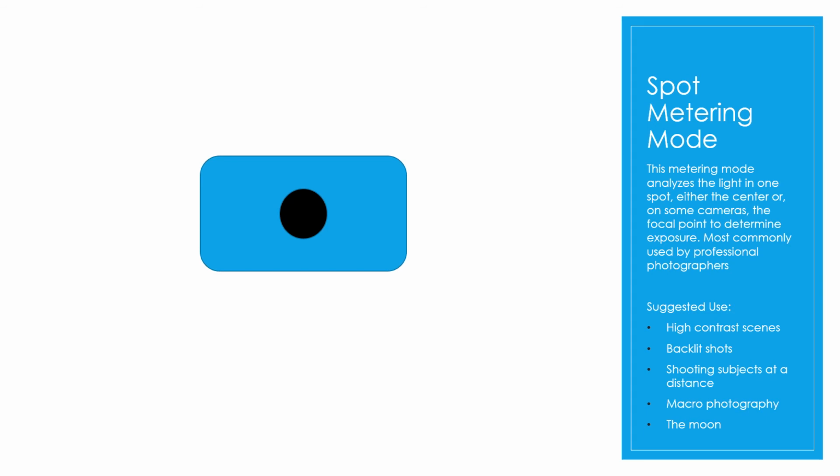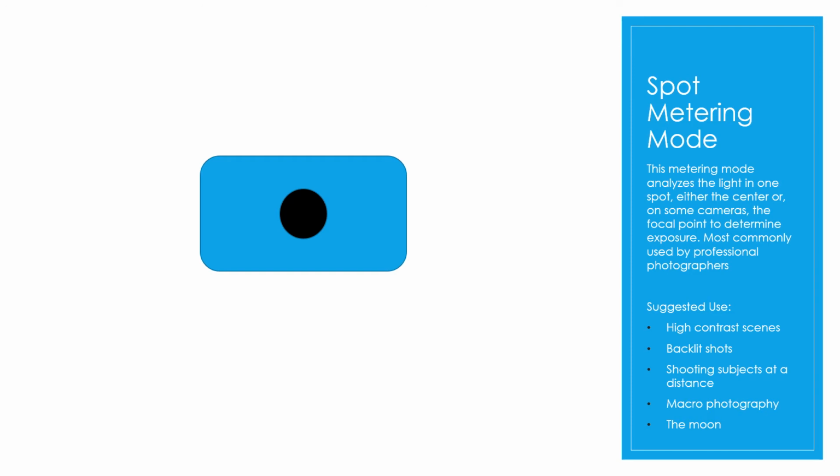If you're shooting your subject at a distance and you're wanting to make sure that your subject is exposed properly, this is how you are going to do it, because you can narrow your metering point on your subject from a distance. And since it's a 1 to 5% of the total frame exposure reading, you're going to get your subject perfectly exposed.